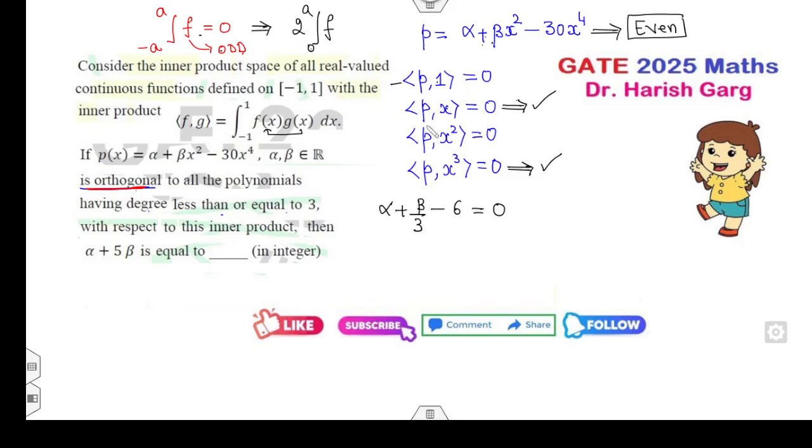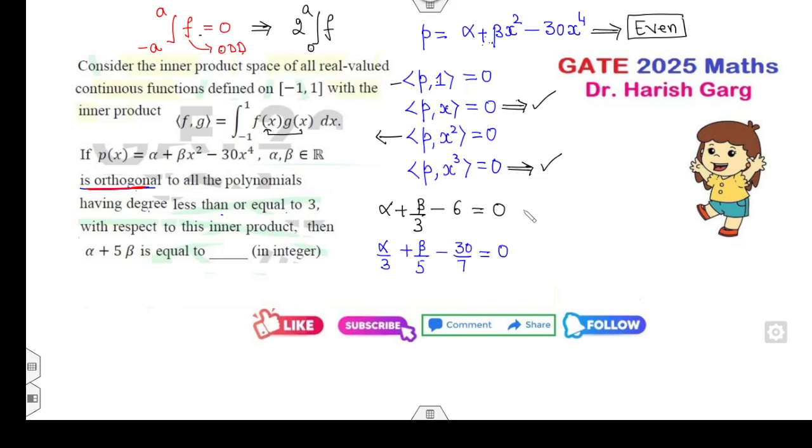Fine. Similarly, x square के साथ करेंगे, इसको x square से मल्टीप्लाई करते हैं and then integrate them. Alpha over 3, beta over 5, and minus 30 over 9.